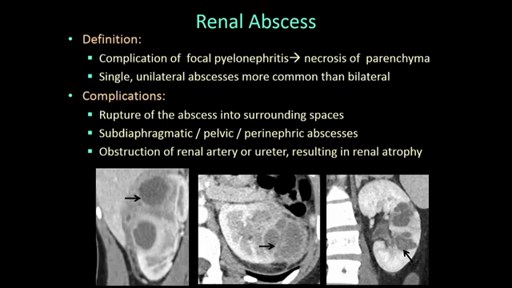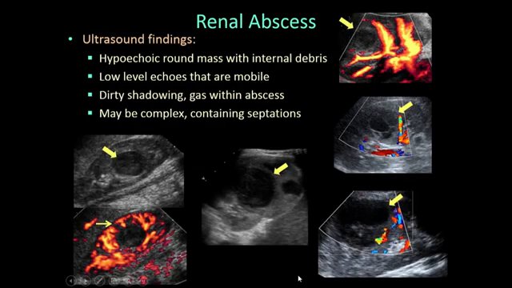It is the complication where you have necrosis of the parenchyma from longstanding pyelonephritis that's not adequately treated. These abscesses can perforate, extend into the perirenal space, go up underneath the diaphragm, and cause significant problems.